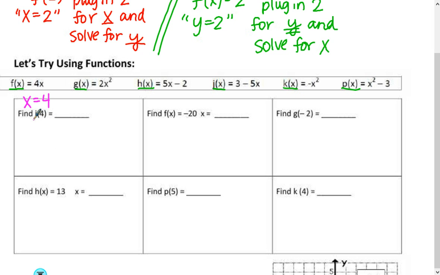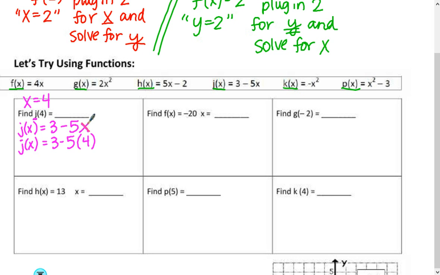The second thing I would write is I would pay attention to the function they're giving me. They are talking about the j function. So I'm going to write that one down. J of x equals 3 minus 5x. Okay, so now I know what value I was given and I know what function I'm working with. After that, we plug in. Remember that they gave me x equals 4, so I'm going to replace my x using parentheses.